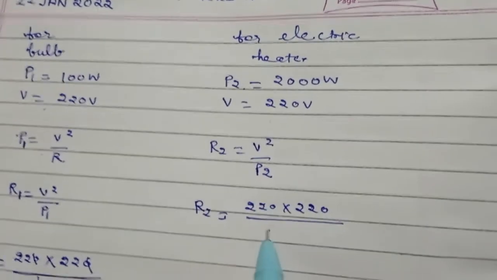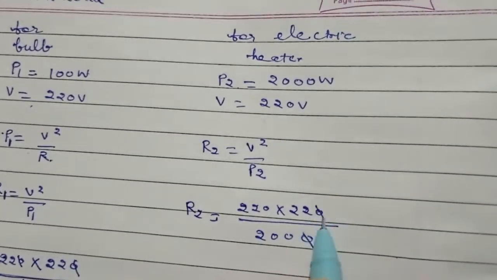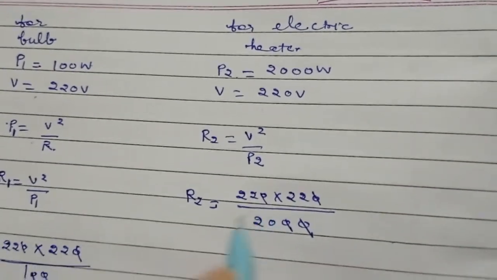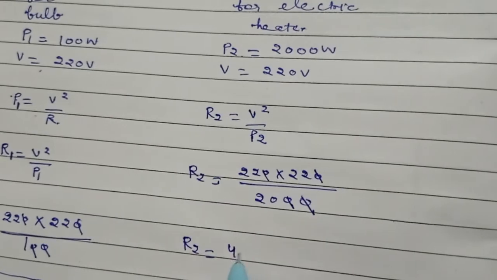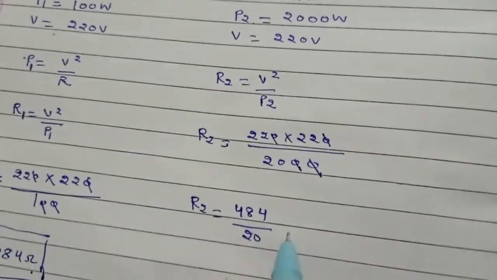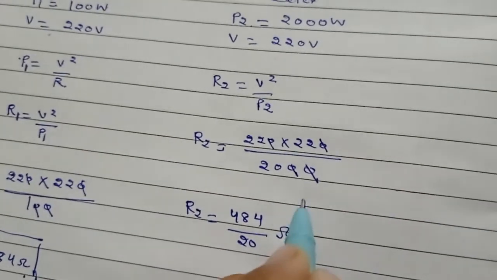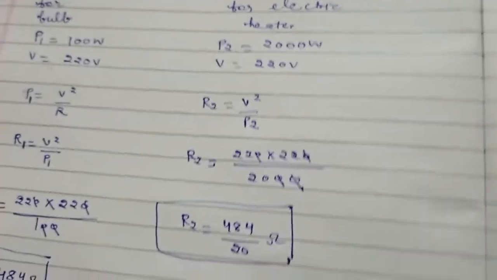What is the value of P2? 2000. Now this 0 can be cancelled with this. What you will get? You will get 22 into 22, 484 over 20 ohm. Right? It is the resistance of electric heater.